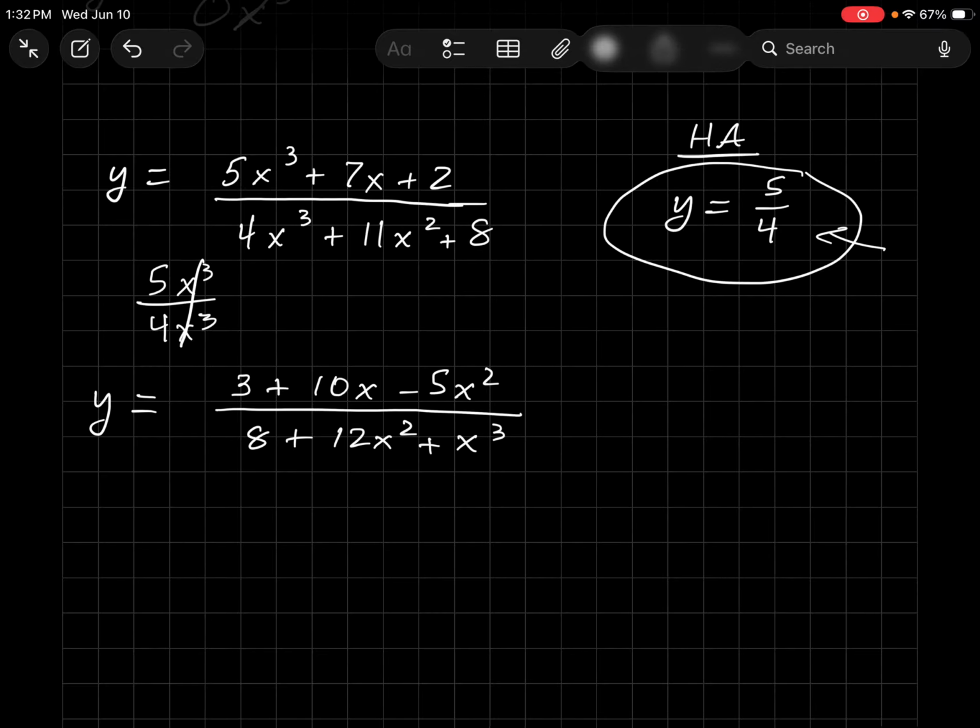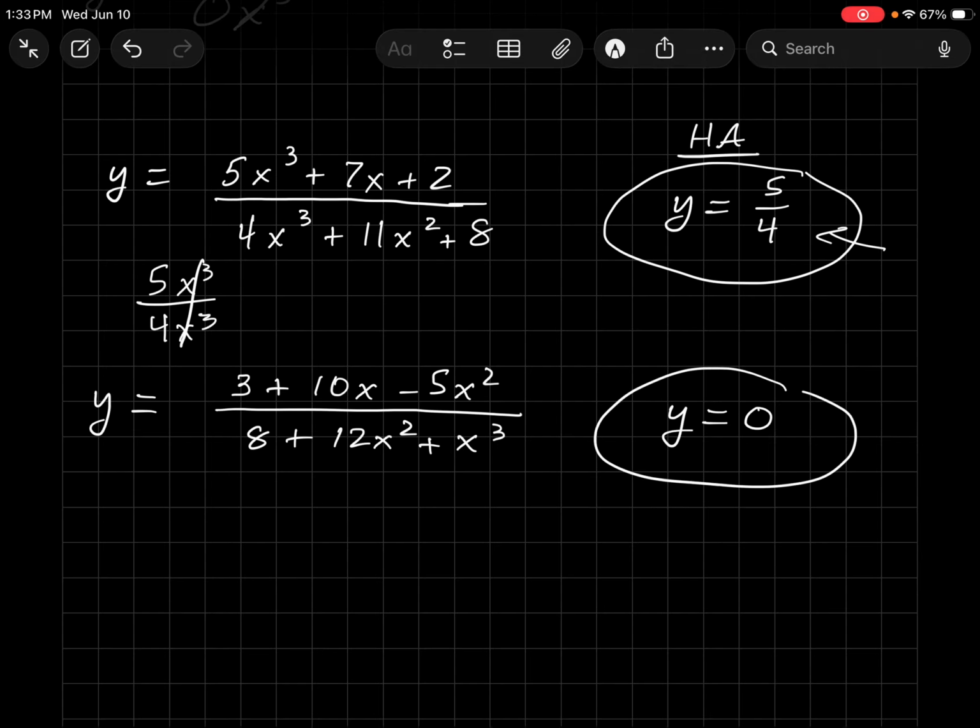That indeed is my horizontal asymptote. For the next one, did you put y equals 0? If so, you are correct.